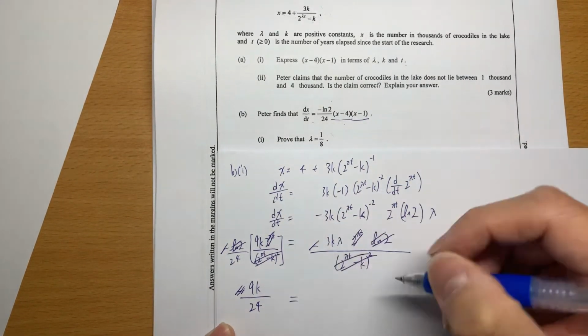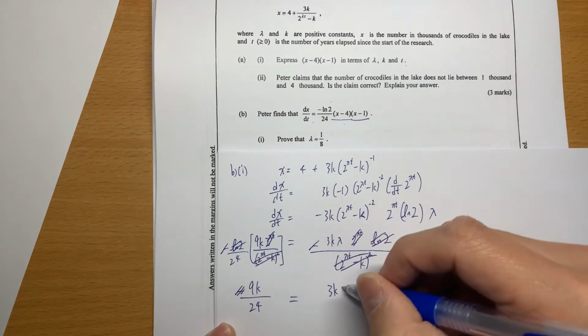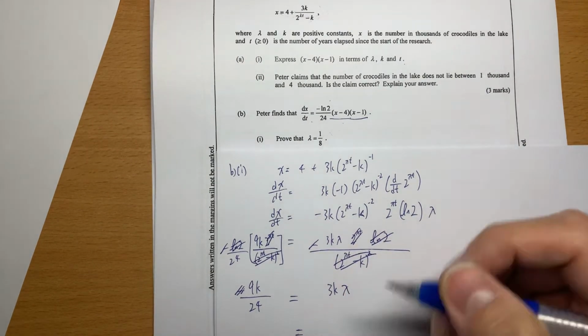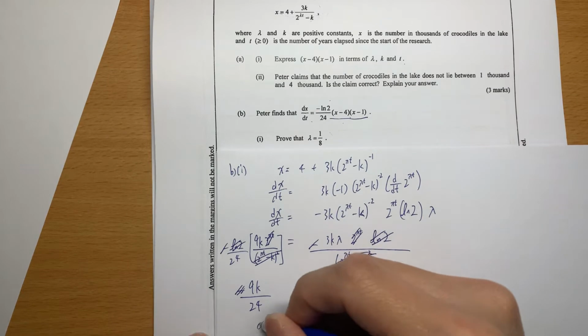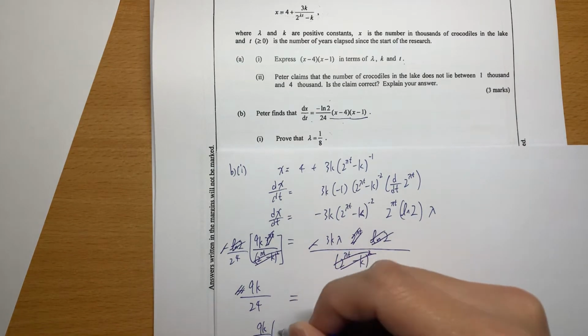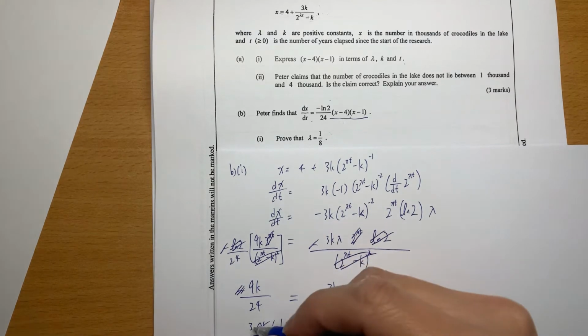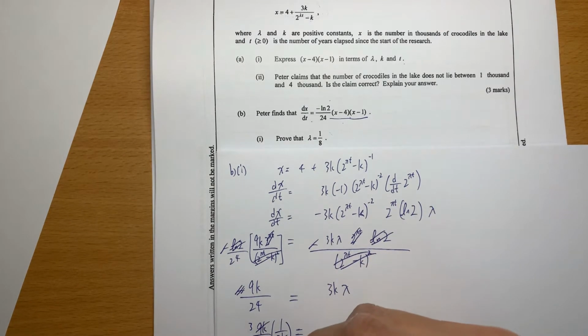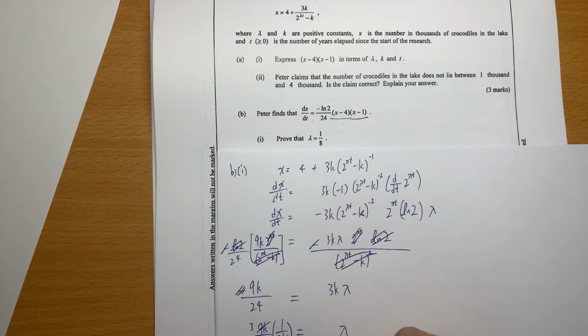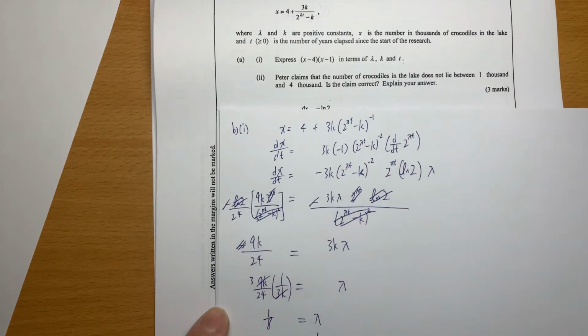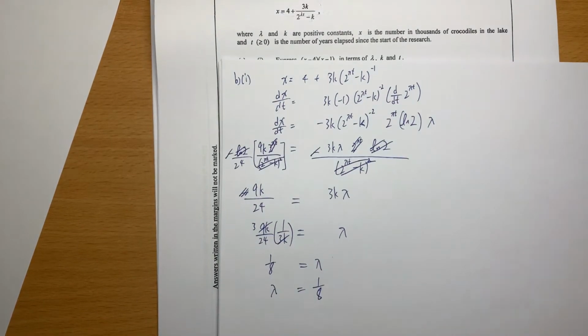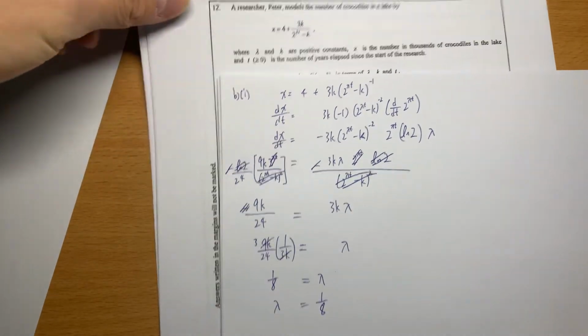So 24 here, and then 3k lambda. Our target is lambda, so 9k over 24. Cancel out 3 to 24, that means 1/8. Lambda is equal to 1/8. We finish our target in B1 already.